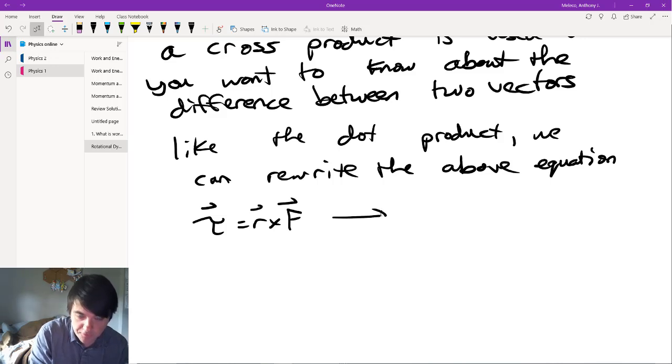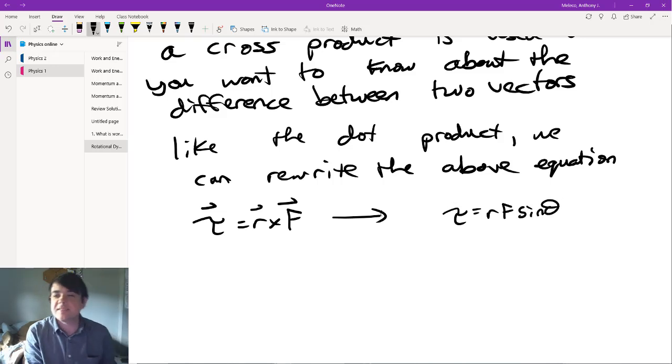We can get around that. Since we're talking about magnitude now, I'm just going to take that off. And sine theta, again, is used because sine of 0 gives you 0 if there's no difference between r and F. And if there is a big difference, 90 degrees, this becomes 1, this becomes maximum.